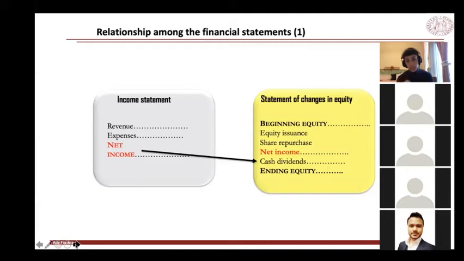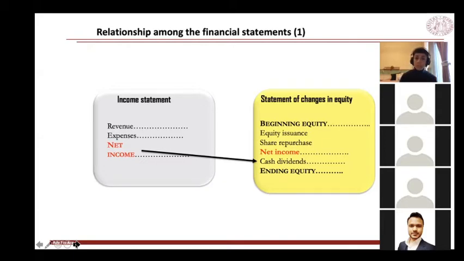So the statement of changes in equity is exactly what the title gives. It tells you the changes in equity, what changed under the shareholders' equity section from the 1st of January until 31st of December, or whatever fiscal year we have to report.